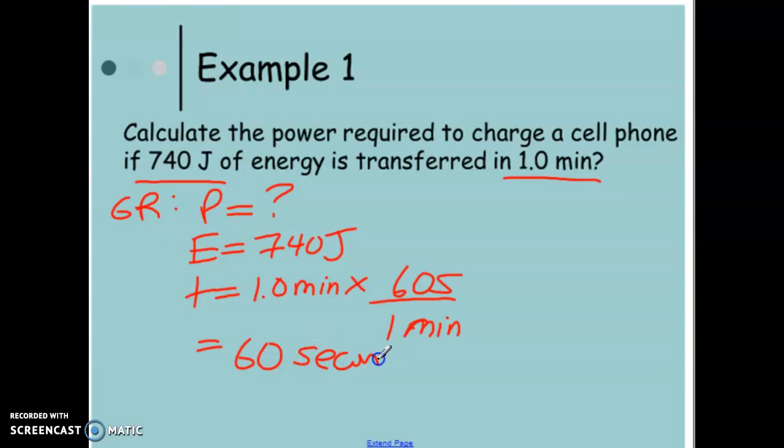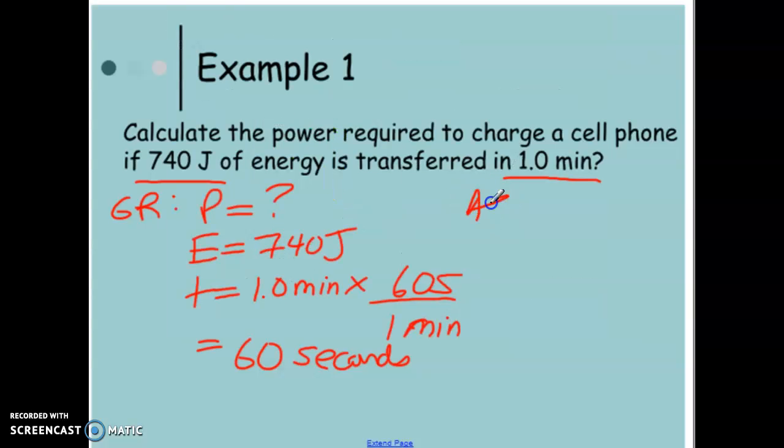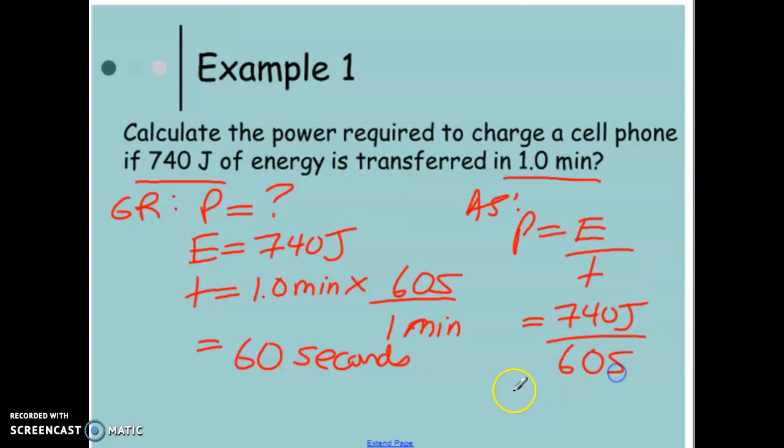Remember, don't worry about sig figs right now. We're not done yet. The formula to solve for power that involves energy and time is E over T. So P is equal to E over T, which would be 740 joules over 60 seconds. 740 divided by 60 is 12.33 repeating.